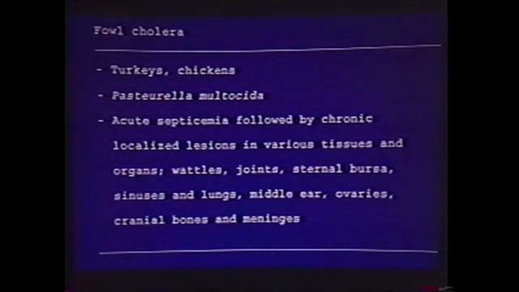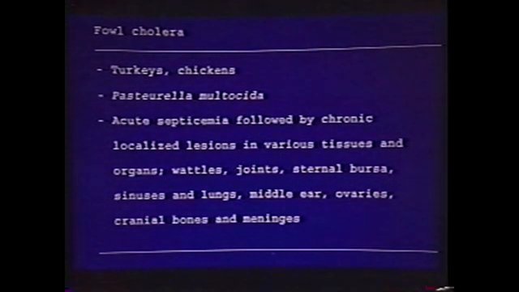It's characterized by acute septicemia at first, hemorrhage and necrosis all over the body, and then localization. Some strains of Pasteurella are mild to start with, and they may initiate a chronic form of fowl cholera from the beginning without going through the acute phase.